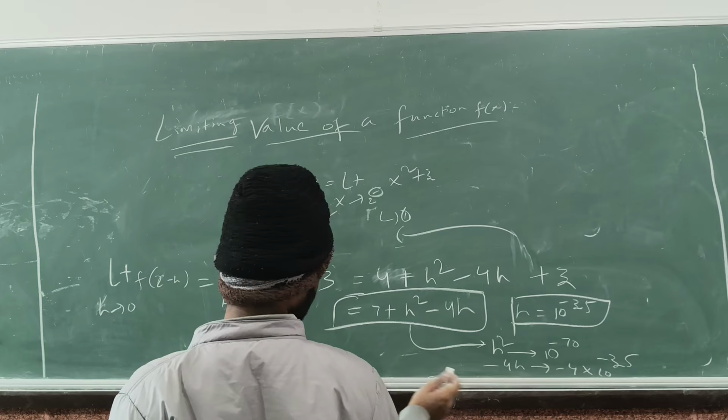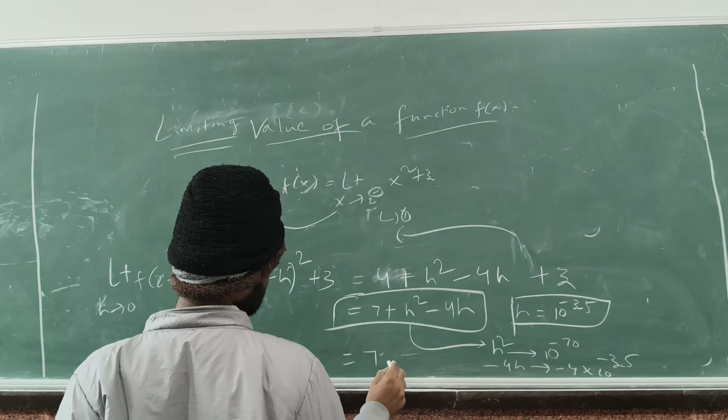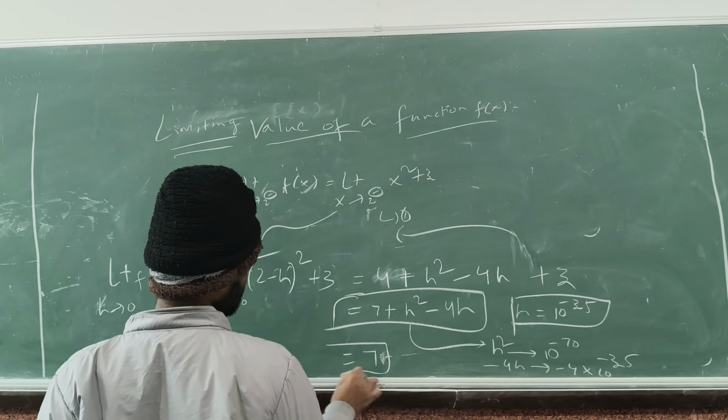Compared to 7, these two are very small quantities, so we can write it as 7 plus 0, approximately 7.